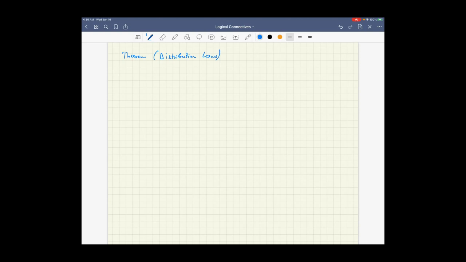This time we have three statements, P, Q, and R. Say you consider the conjunction of Q and R, and then you disjunct this with statement P. So P or the AND statement of Q and R. That actually is logically equivalent to, you can kind of distribute P over Q and R, as if this was multiplication, this was addition.